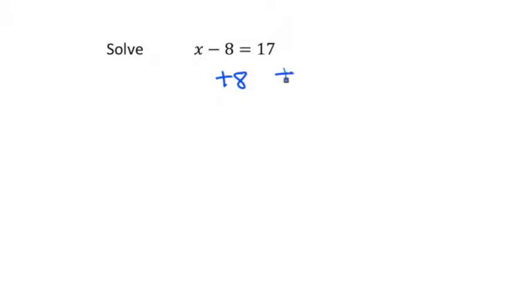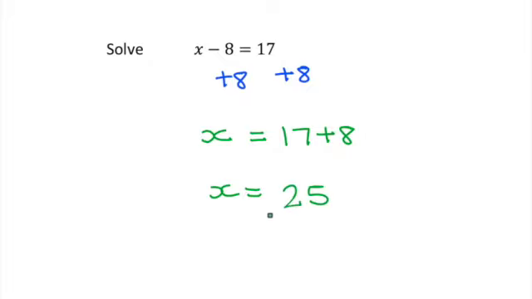I'm going to add 8 on both sides. This means I'm going to have x, take away 8, add 8. That's just going to leave me with x, because negative 8 and add 8 gives me 0. So I have x on one side, and then I'm going to have that equal to 17, add 8. Now all that's left for me to do is to add 17 and 8 together, and that equals 25. So x equals 25.